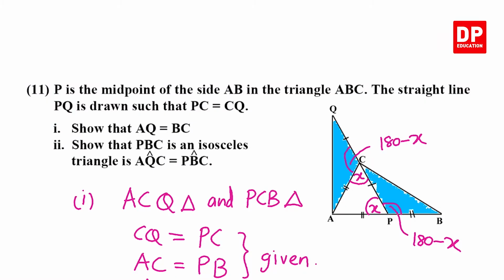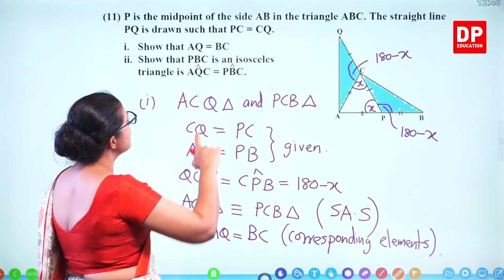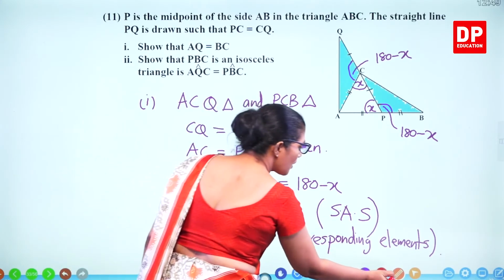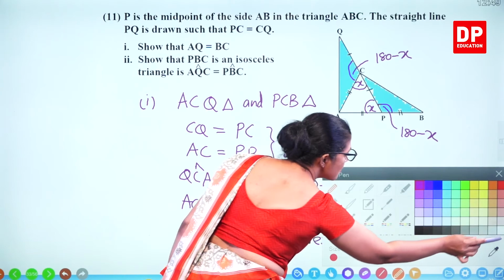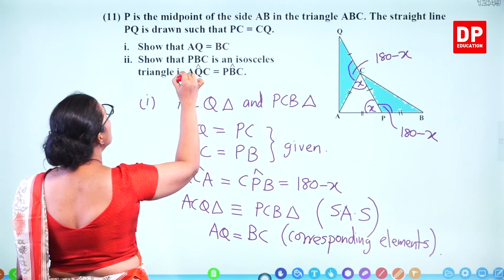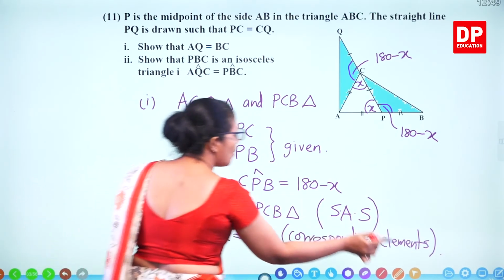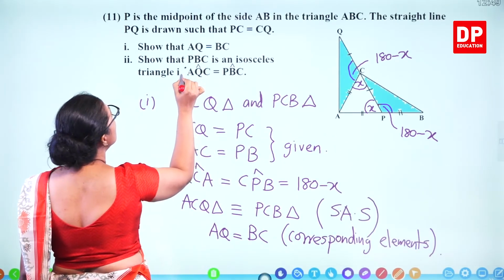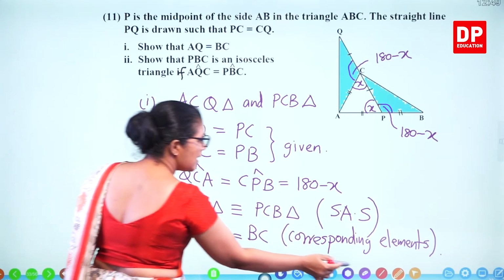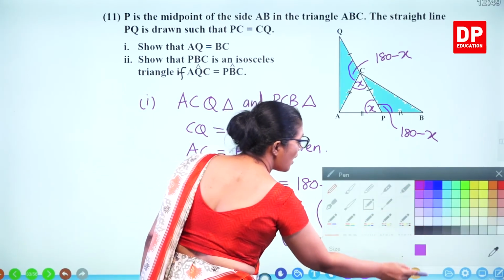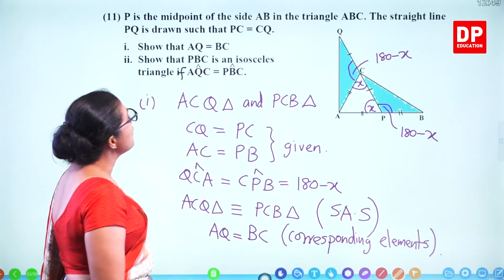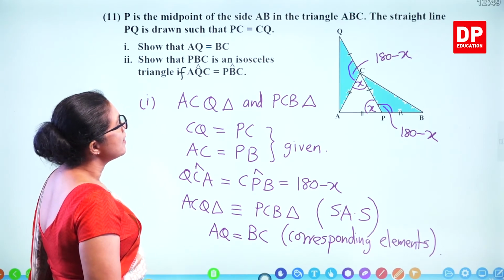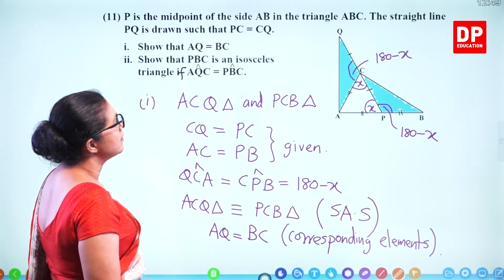In the second part, show that PBC is an isosceles triangle. And it says if angle AQC is equal to this one, show that PBC is an isosceles triangle.